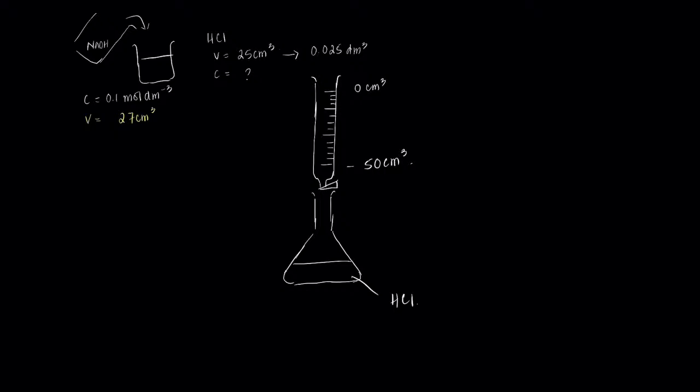So as soon as that color change happens, you can see it immediately and stop the tap. You don't put even one drop in excess, because as soon as the color changes, technically it's already in excess. If you put an extra drop, you'll get the wrong volume reading. Does that make sense?